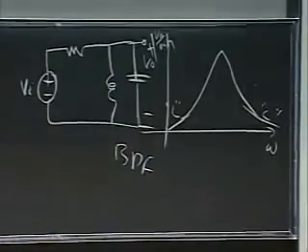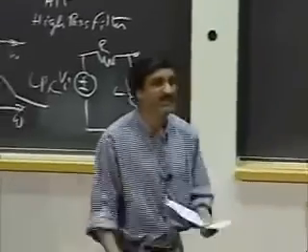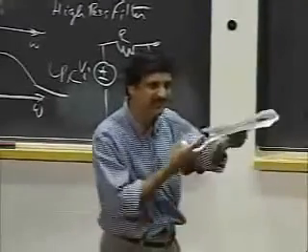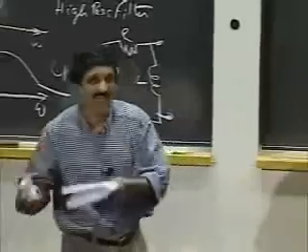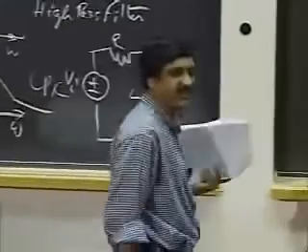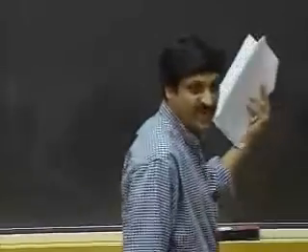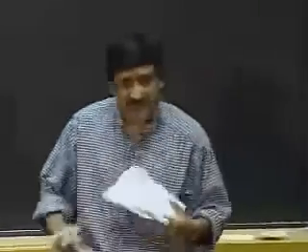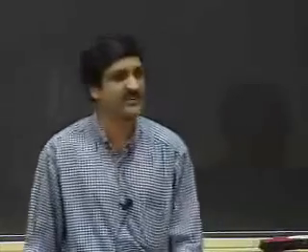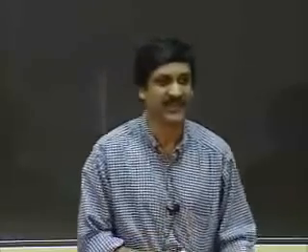So what's amazing is that you can take fairly complicated circuits, and just by doing a quick analysis of what happens at very low frequencies and at very high frequencies, you can roughly sketch the response. And then what you should do in addition is, if it's a second order circuit, assume that it's going to do something interesting at its resonance frequency, at omega naught equals 1 by square root of LC. Check it out.